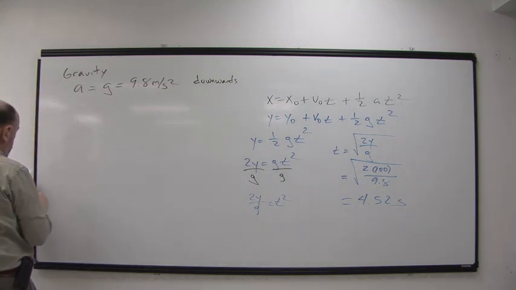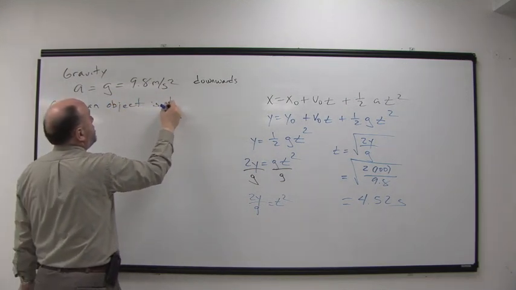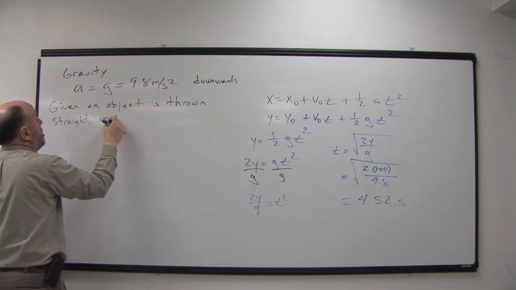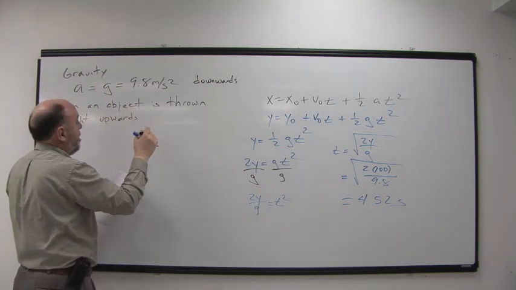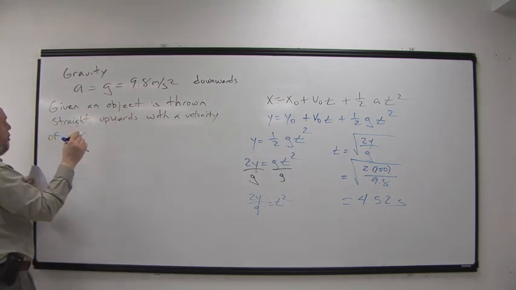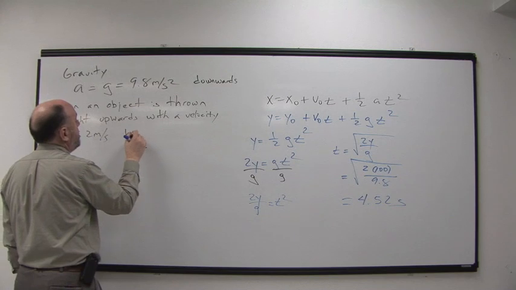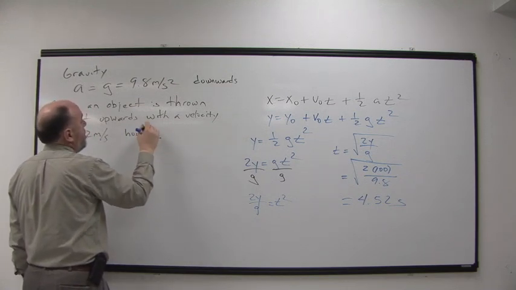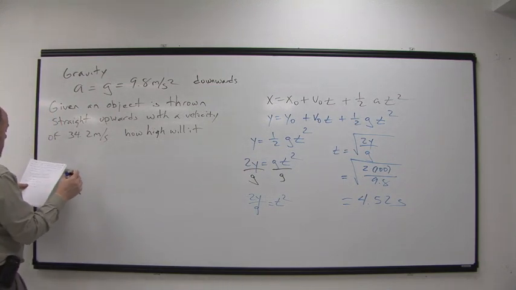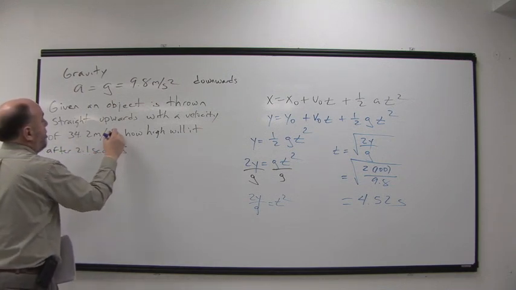Given an object is thrown straight upwards with a velocity of 34.2 meters per second, how high will it be after 2.1 seconds? We'll call this part A.